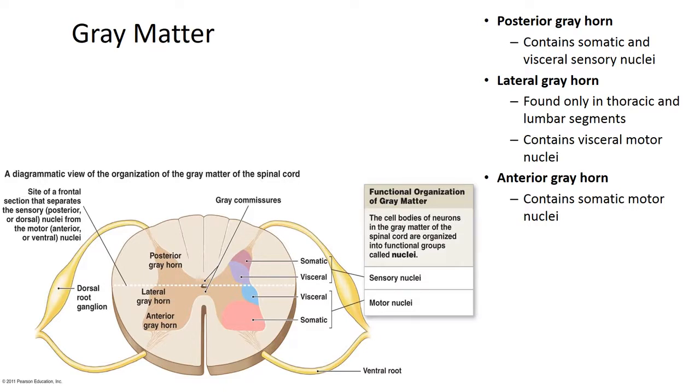The posterior white column lies between the posterior gray horns and posterior median sulcus. The lateral white column includes the white matter on either side of the spinal cord between the anterior and posterior columns, and the anterior white column lies between the anterior gray horns and the anterior median fissure.